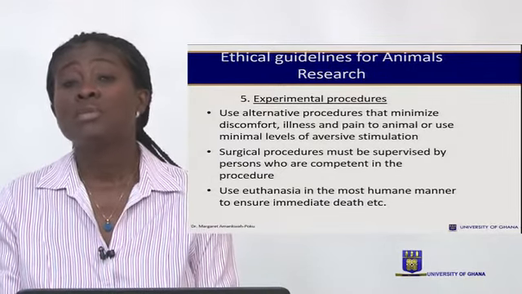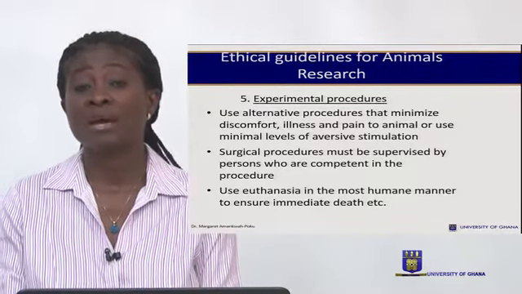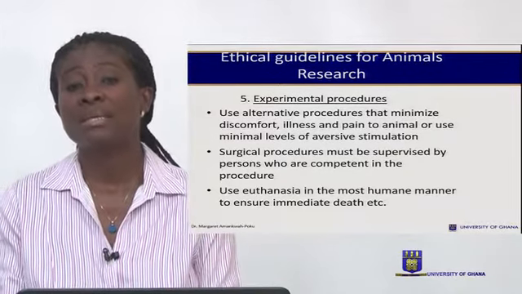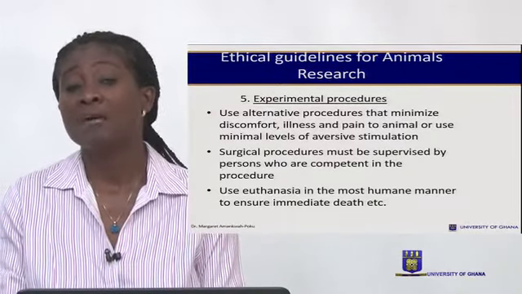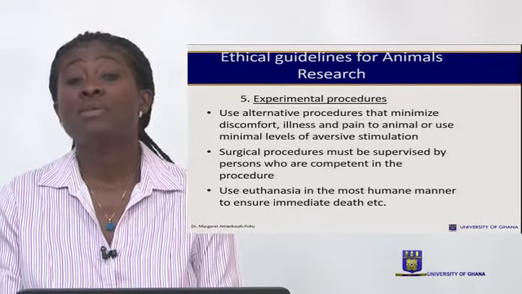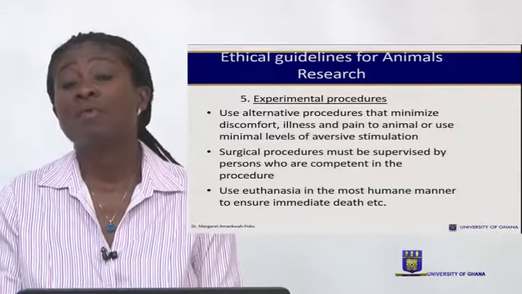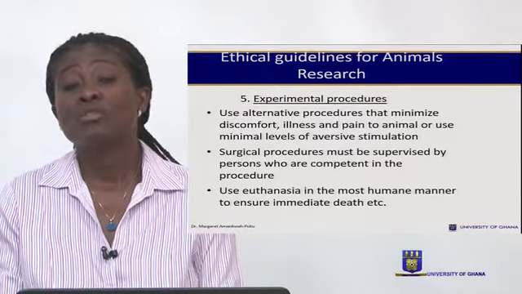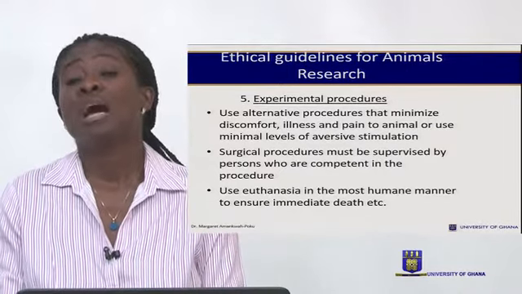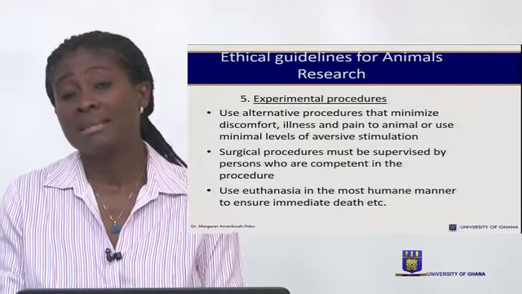Where you have to use surgical procedures, so perhaps you have to dissect the animal, etc., this must be supervised by persons that are competent in the use of surgical procedures. And then finally, if you've used the animals, perhaps you've injected them with some chemicals and therefore it's not good for them to still be alive or to keep them alive, and you have to terminate the life of the animal, you have to use euthanasia.